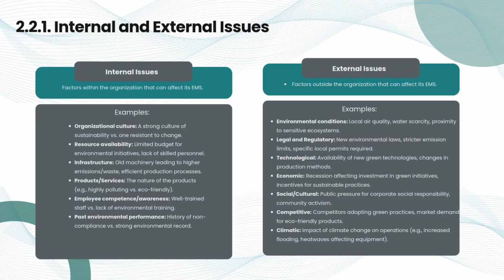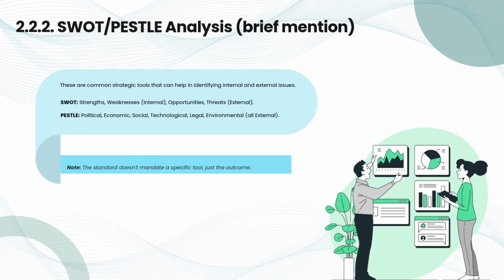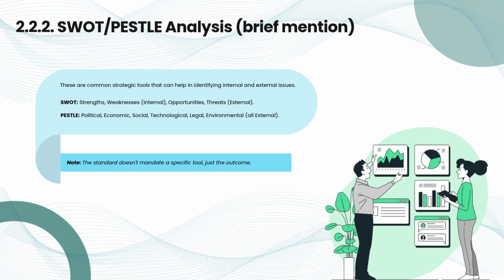The goal is to understand the environment in which the organization operates, both internally and externally, so the EMS can be more effective. While ISO 14001 doesn't tell you how to identify these issues, common strategic tools like SWOT analysis or PESTEL analysis can be very helpful.